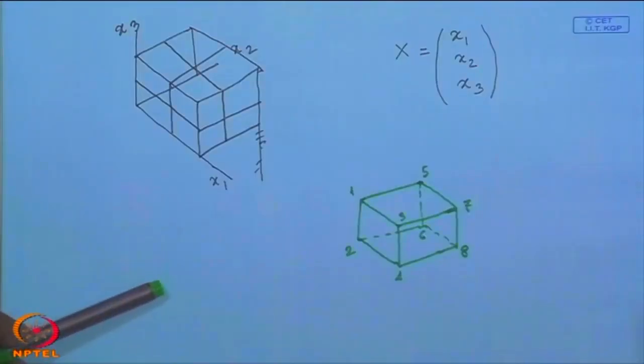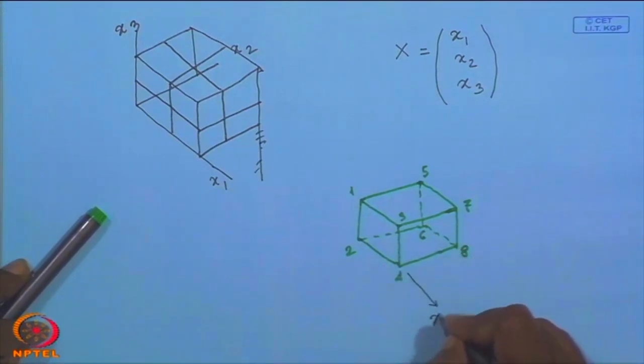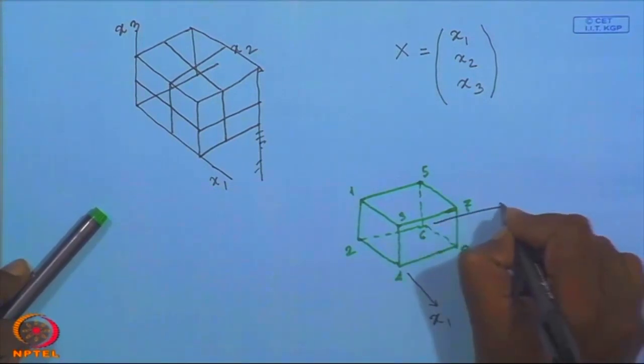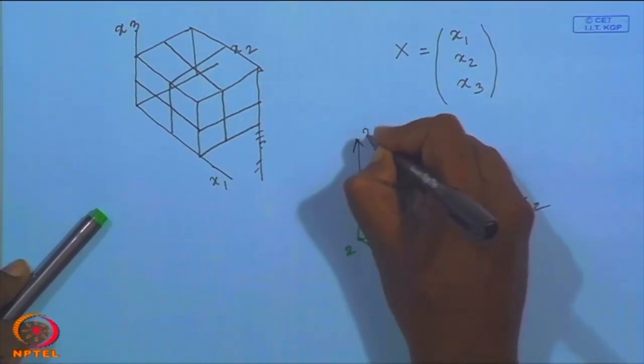Now, we can take one advantage that because this volume element is a rectangular parallelogram, I need not specify all the 8 different vertices. Rather, if I specify only 2 vertices, then also my volume element is completely defined. So, if I say that this is my x axis or x 1 axis, this is the x 2 axis and this is x 3 axis.